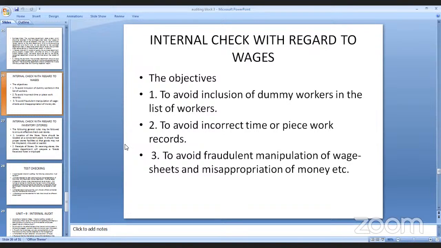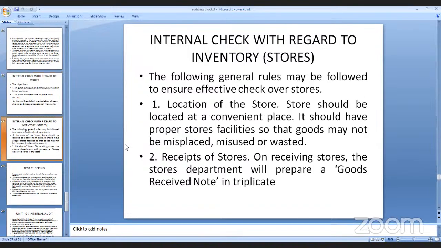For example, if dummy workers are recorded in the workers list, we can rectify that error at that point of time under the internal check concept. This avoids incorrect time or work records, frauds, or manipulation of wage sheets and money, so there must be an internal check in the wage system.